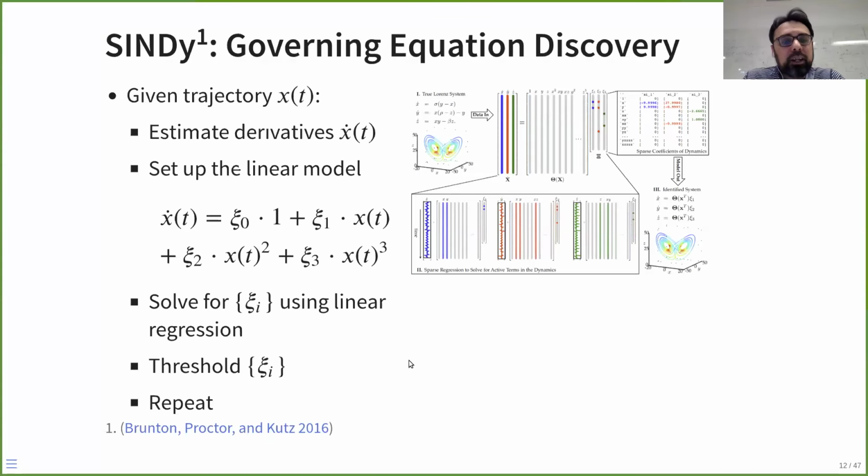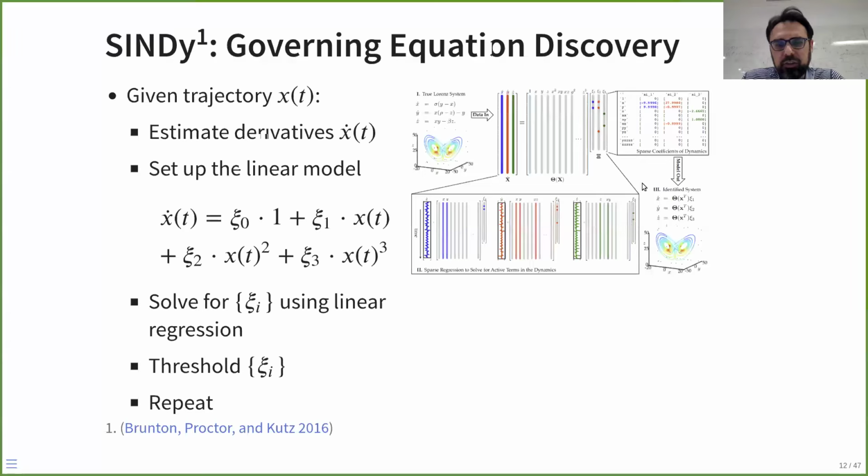On the left-hand side, you want to approximate the derivative that you estimated. And then you do linear regression to estimate the coefficients. But because you want sparse coefficients, you threshold the small coefficients and repeat this a few times. At the end, you get a sparse differential equation that is supposed to represent the system.